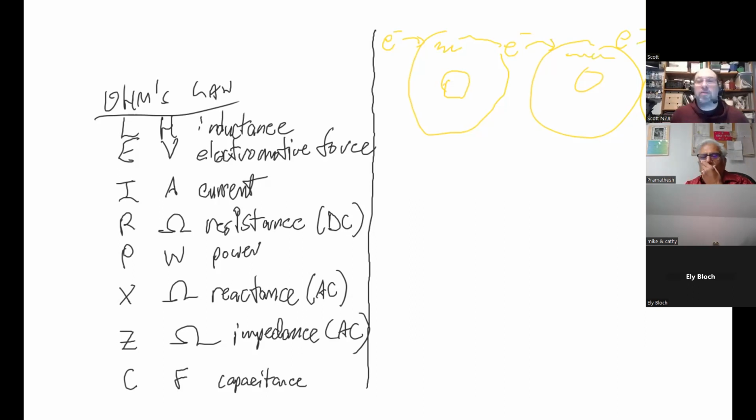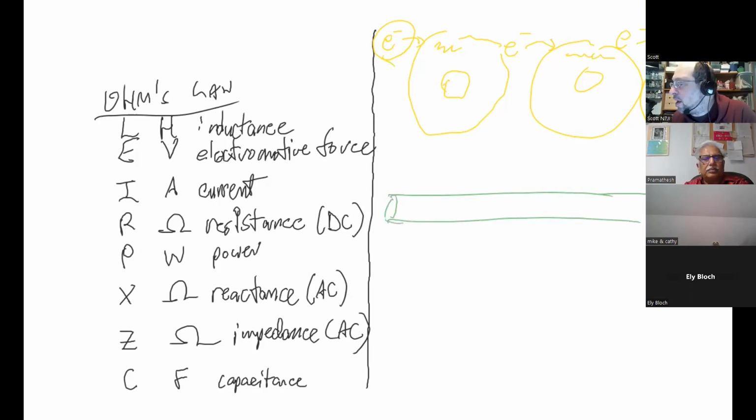And then you end up with something which looks like the flow of electrons, where every electron that comes in is matched by an electron flowing out. If we were to take this in a piece of wire instead, we would have a bunch of copper atoms. And when an electron floats in, an electron comes out. Movement of electrons from one place to another is known as current.